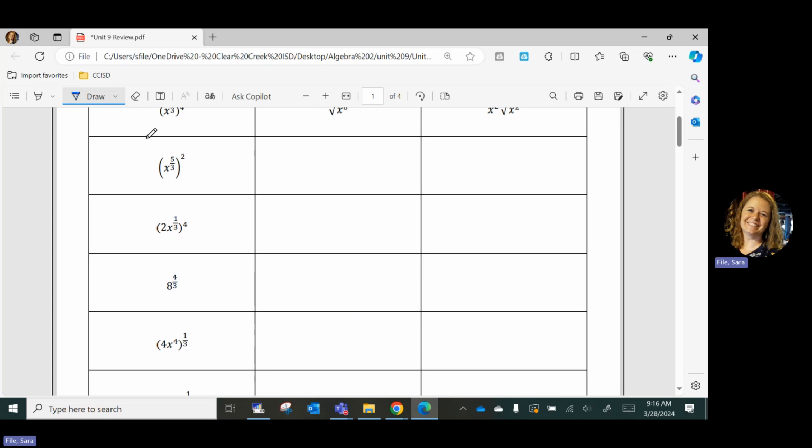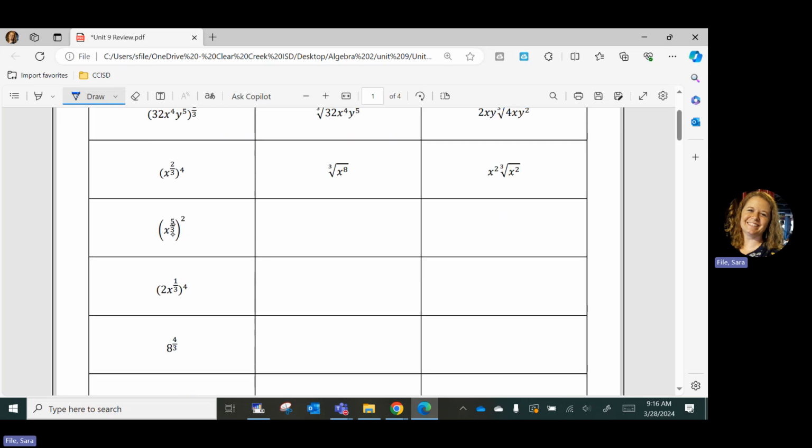In this third one, a lot of these also have powers on powers. So another rule that you need to remember is that when you have a power to a power, you multiply those powers.